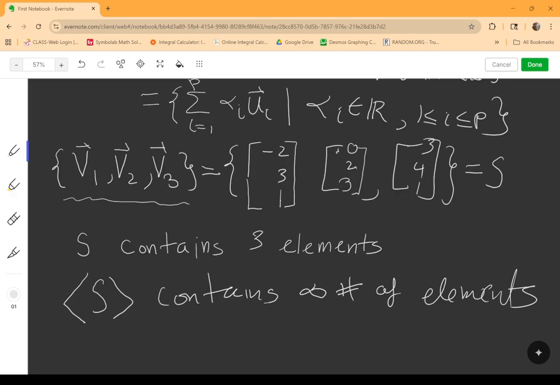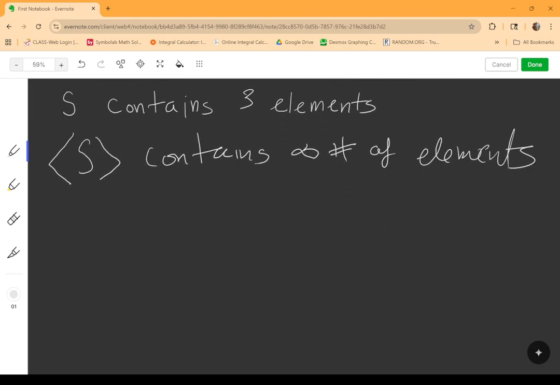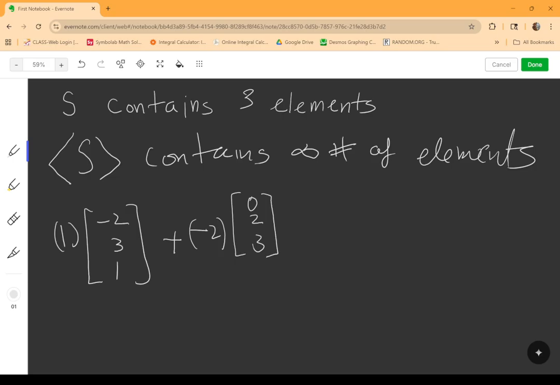So, examples of linear combinations. Here we could have 1 times negative 2, 3, 1, plus negative 2 times 0, 2, 3, plus negative 1 times negative 3, 4, 1.